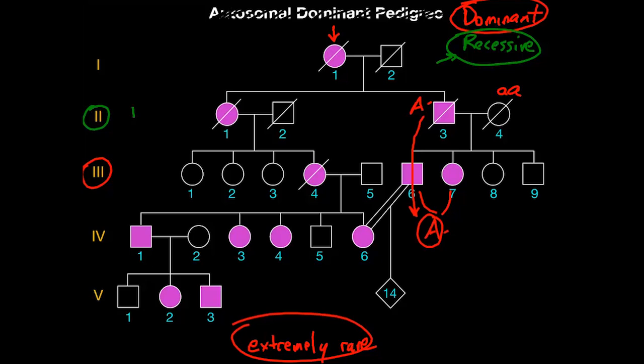With the dominant, obviously the idea of a carrier doesn't even really exist. If you have the allele, you're going to have the trait. So we know she's giving a little a to all of her offspring, but in the dominant situation, you only need one big A to show the disease. So if we invoke the extremely rare clause, we have evidence that supports dominance and rules out recessiveness. And that's why this is in fact a dominant pedigree.